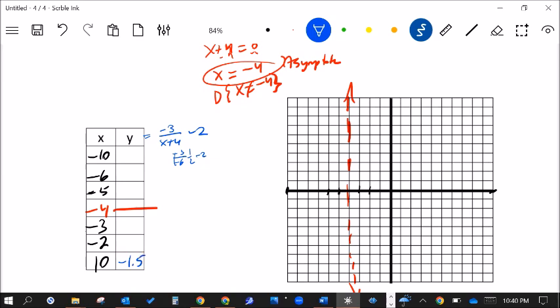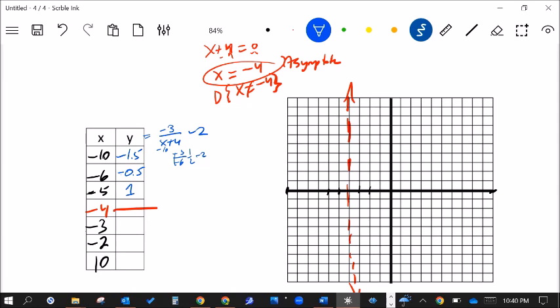Now, if I keep doing that with the others, there's approximately what I'm going to get. If I put in, oh, wait a minute, that's positive 10. I don't know why I went to the bottom, because I used a -10 here to get the -6. So it gives me a -1.5. If I put -6 in there, I'll get -0.5. And a -5 will actually give me a +1.